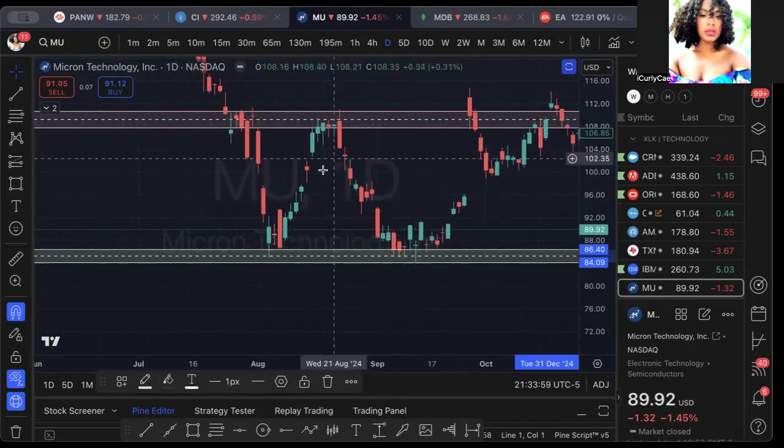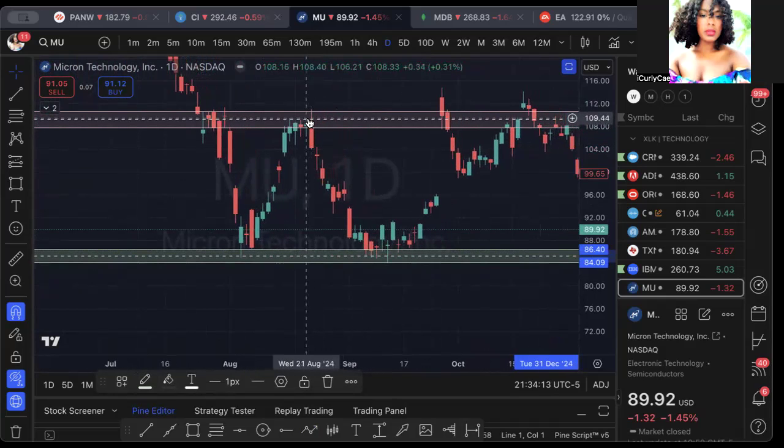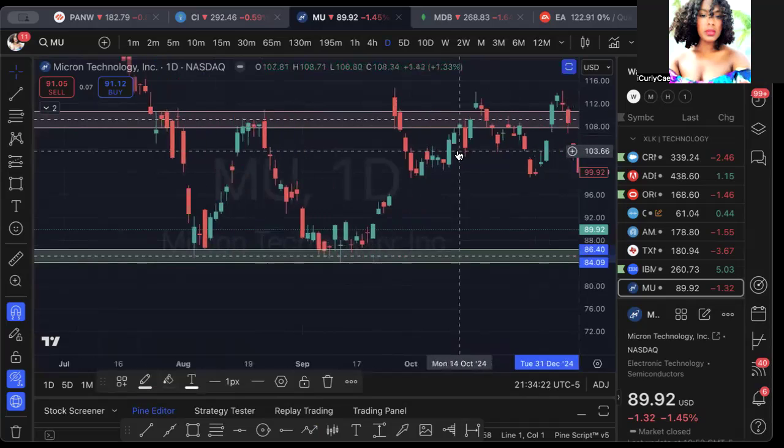It says that the institutions love to buy it in this $84 to $86 range. This is where they find their discount. They like to run it all the way up here and then sell it off. In between lies the amount of profit that they stand to make, and they're just rinsing and repeating that cycle.